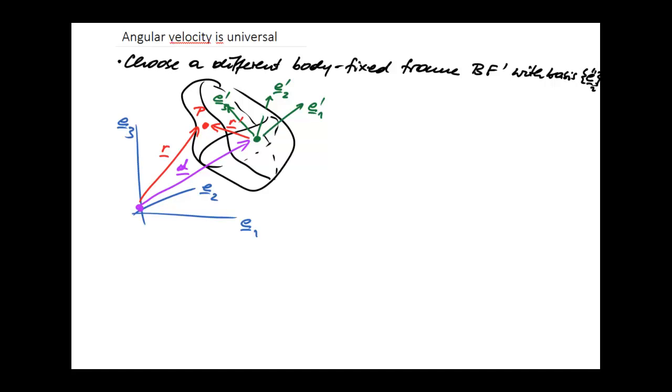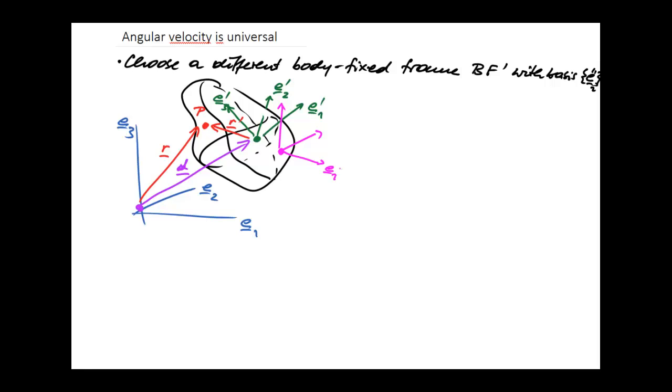So here's the picture from the previous page, and let's say we pick yet another point, this one here, and choose that as the origin of an alternative body fixed frame. And the alternative frame has also the basis vectors have a different orientation. Let's say they have this orientation.